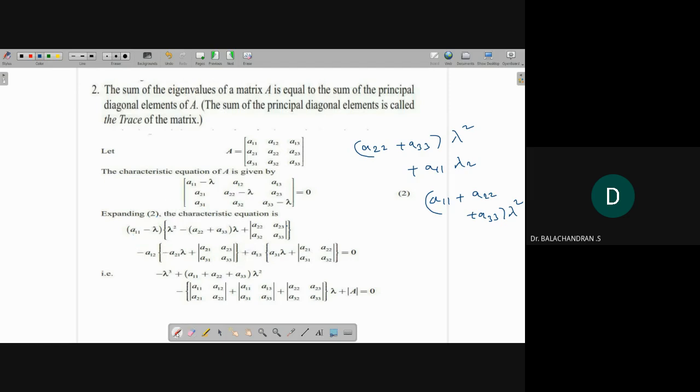Okay, so I need lambda. This is lambda cube, this is lambda square. If I multiply these two, I will get lambda. If I multiply these two, I will get lambda.